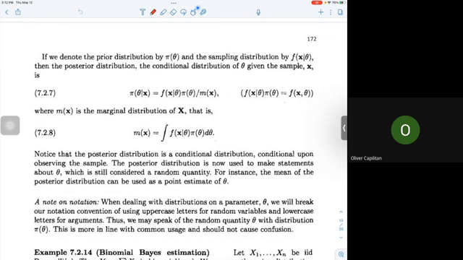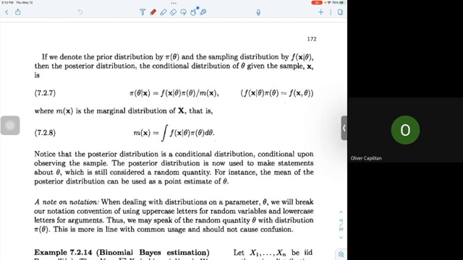It is equal to a fractional expression in which the numerator is the product of the joint PDF or PMF of our sample and the prior distribution, divided by m of x, where m of x is the marginal distribution of x.